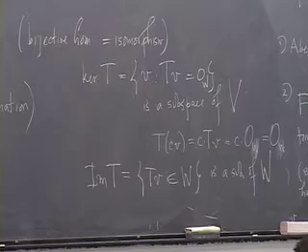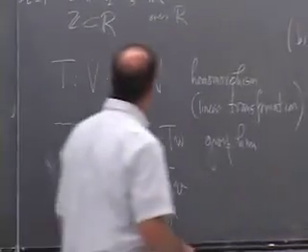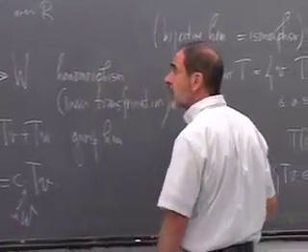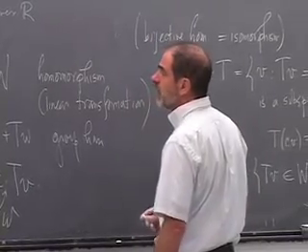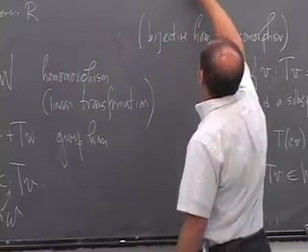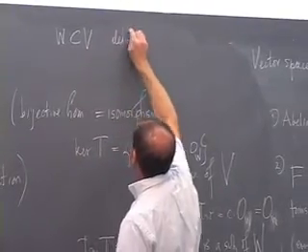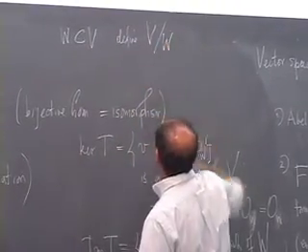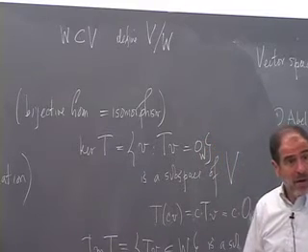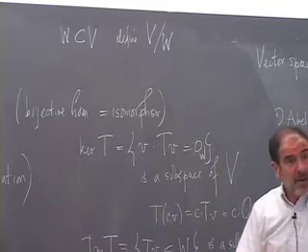Finally, we might as well keep pushing our group theory. Why don't we define, if I have a subspace W in V, the quotient space, V mod W, the set of cosets of W in V, which is an abelian group.